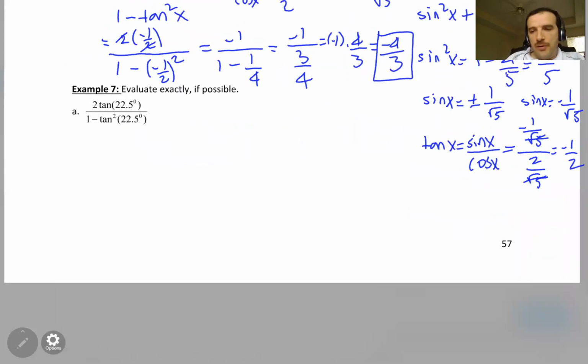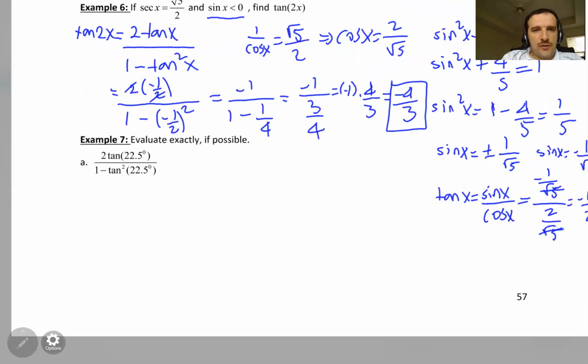Evaluate exactly if possible: 2 tangent 22.5 degrees over 1 minus tangent squared 22.5 degrees. And whenever you see such an expression, it will just remind us of the double angle formula, right? So, okay, it's the formulas here, right?